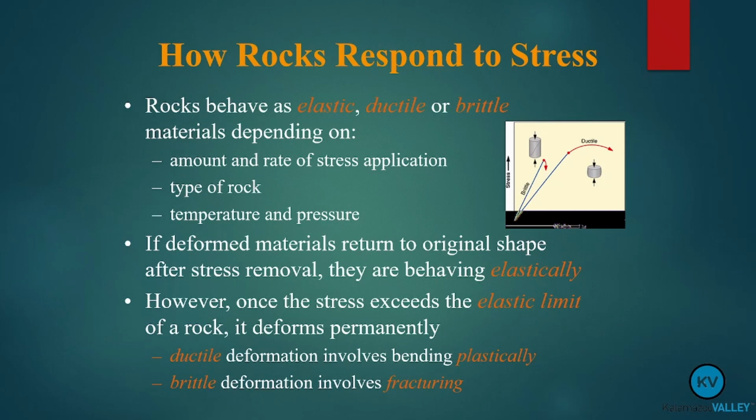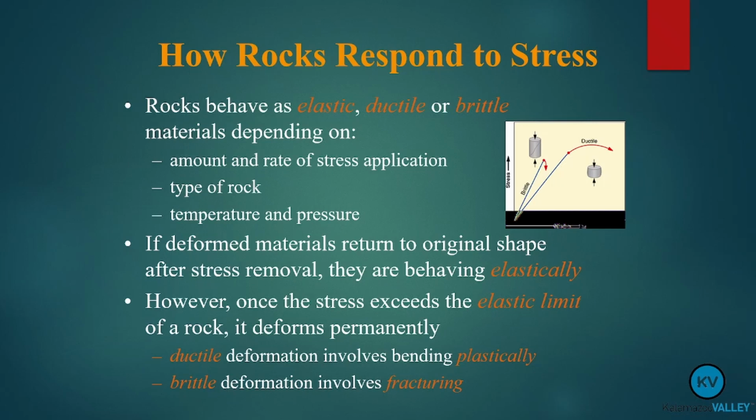For example, it takes much less applied stress to snap or deform a twig than it does to snap or deform a branch. And that's because there's physically more molecular bonds to break through, and you need more energy or more stress to break more bonds.